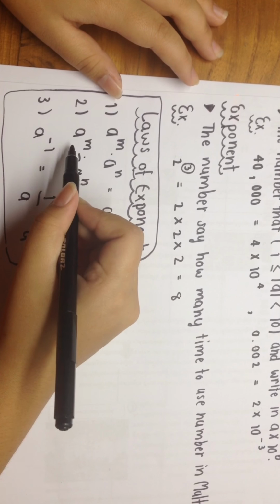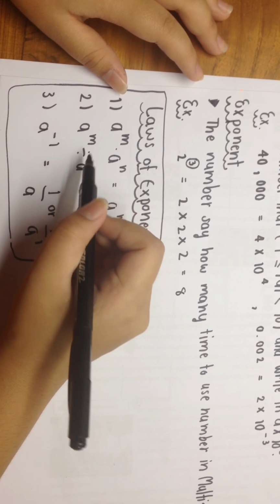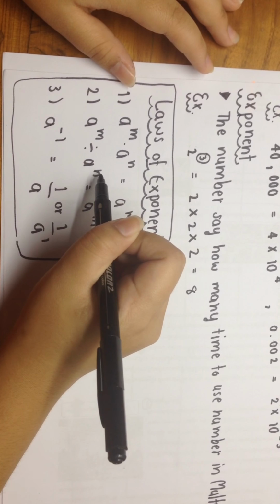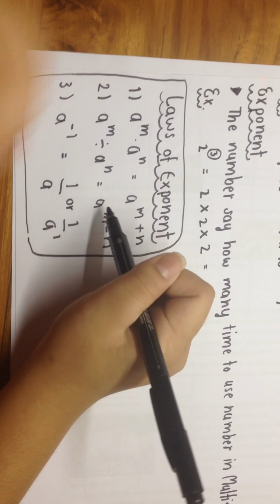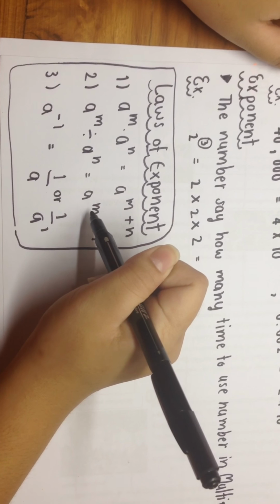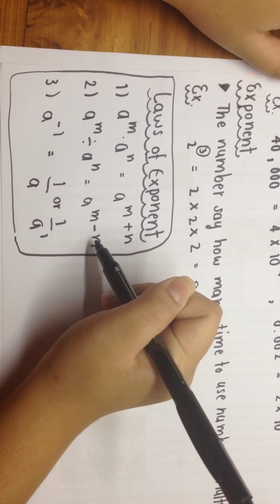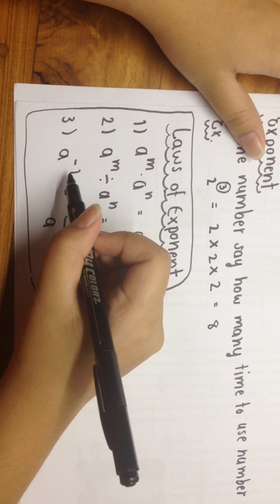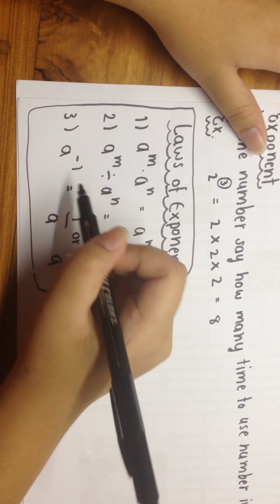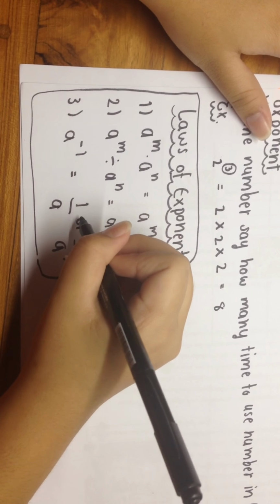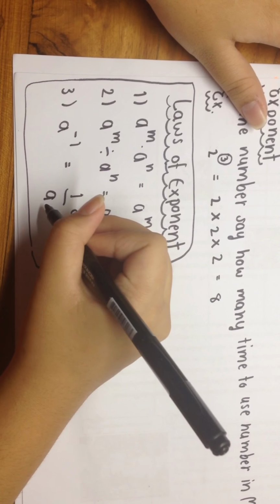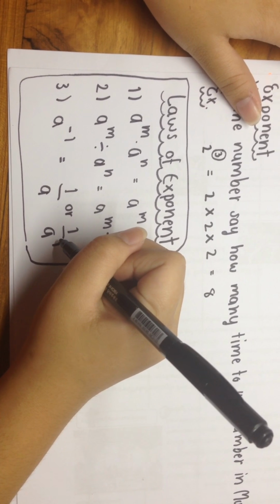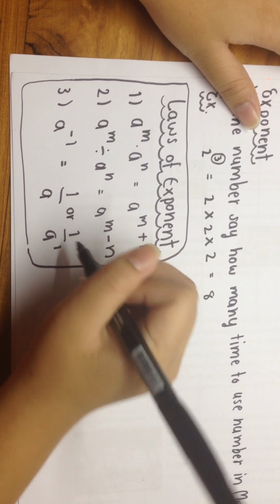Second, a to the power of m divided by a to the power of n is equal to a to the power of m minus n. And last, a to the power of minus 1 is equal to 1 divided by a, or 1 divided by a to the power of 1.